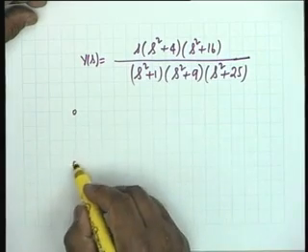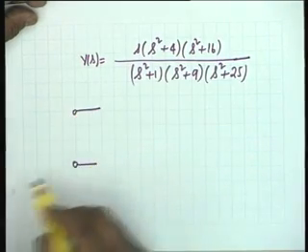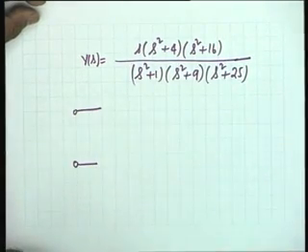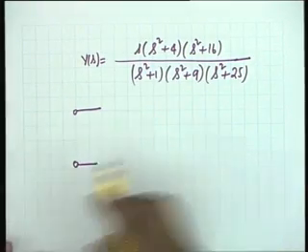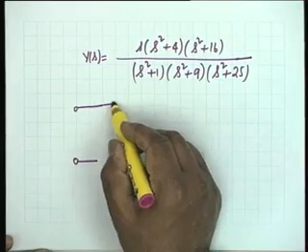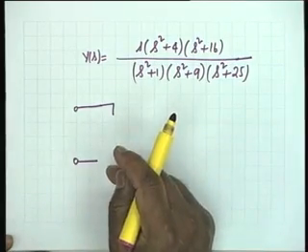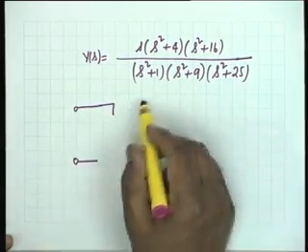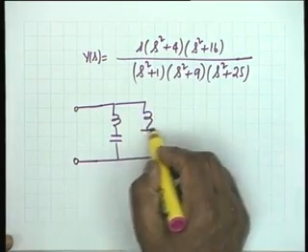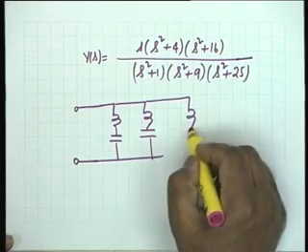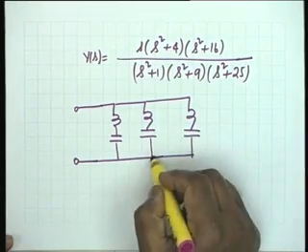No pole at the origin, no pole at infinity. It cannot have because the impedance had these poles, therefore admittance must have zeros, and therefore all we have is 3 series resonance circuits in parallel. That is it, exactly 6 elements.